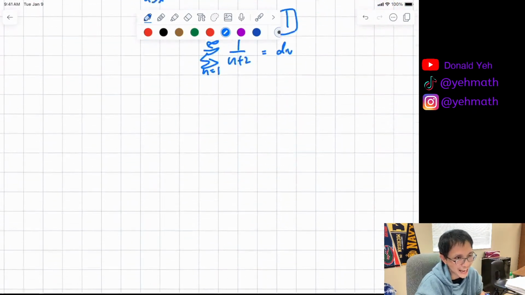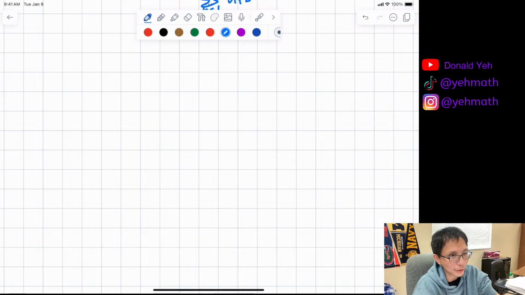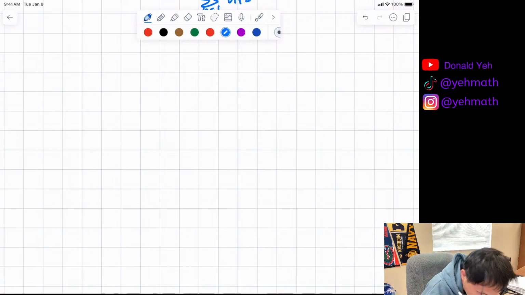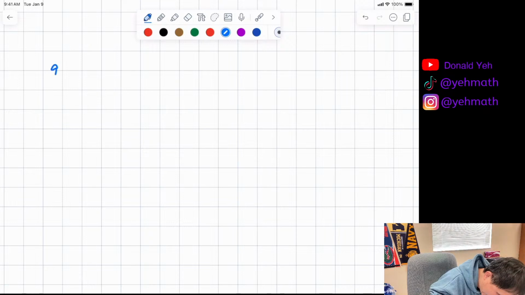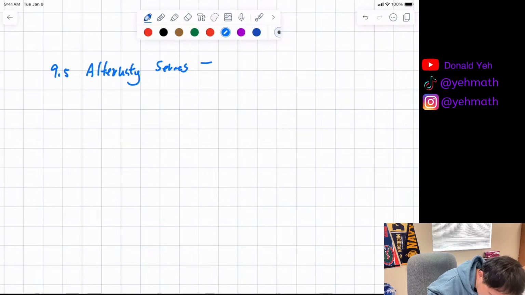Okay, so now we finally got down to the last part. The last part is going to be the alternating series test. So 9.5 is the alternating series test.